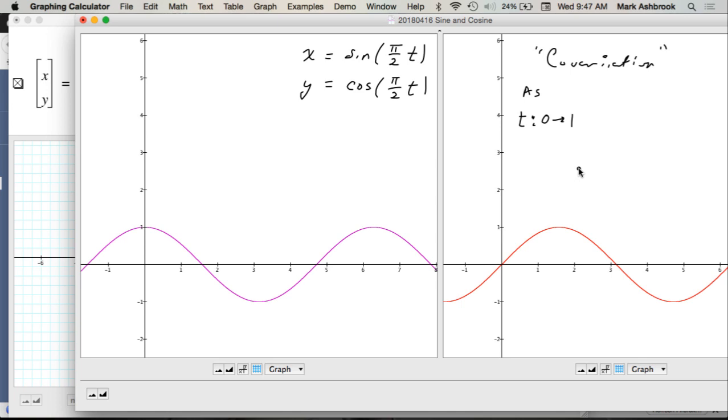This whole calculus is all about variables changing together: rate of change, accumulation of a dependent variable versus an independent variable. So as t goes from 0 to 1, what do we care about? What x and y are doing.